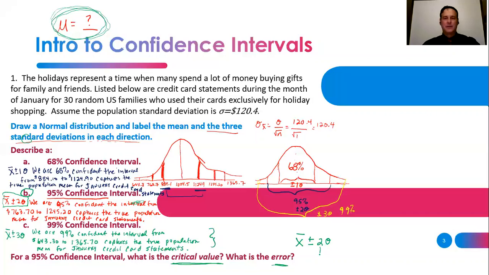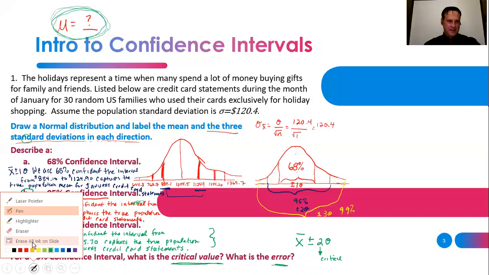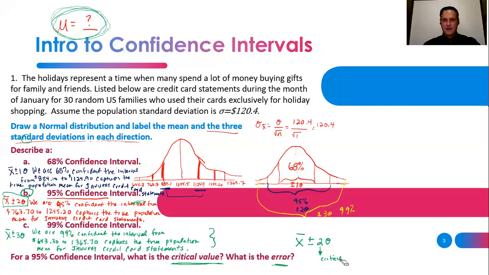In this case, we're just adding 2. So underneath my 2, I'm just going to say this is my critical value.